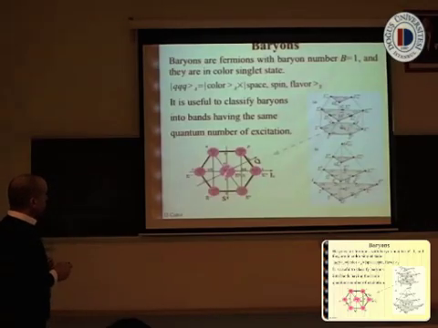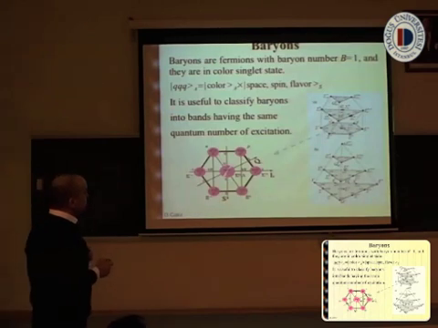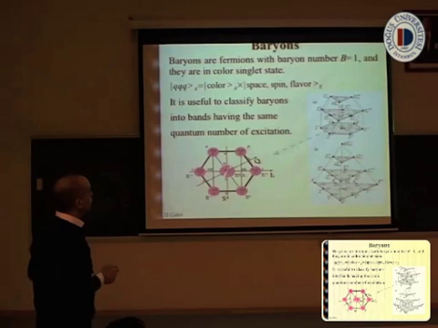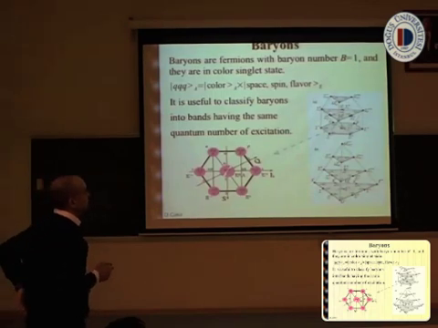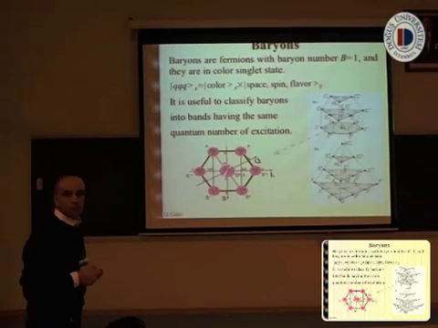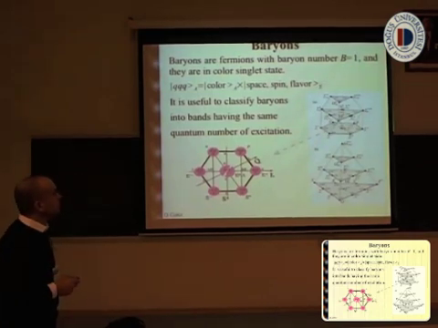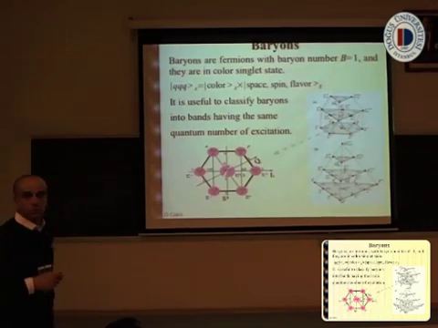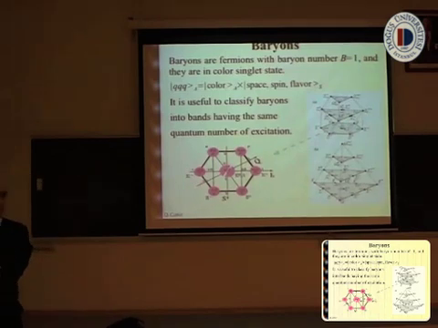The color part is also antisymmetric, which should be multiplied by another function consisting of space, spin, and flavor. It should be symmetric here, because antisymmetric times symmetric gives you the antisymmetric state.